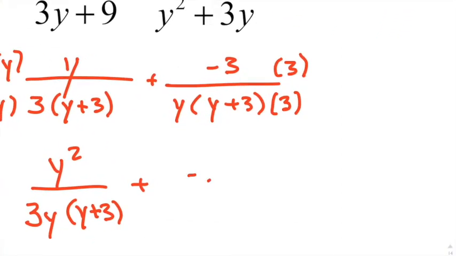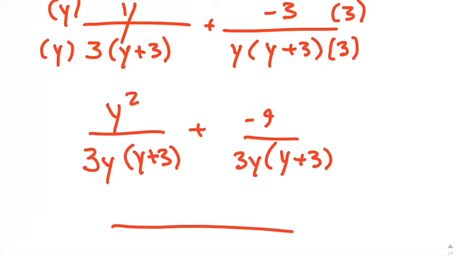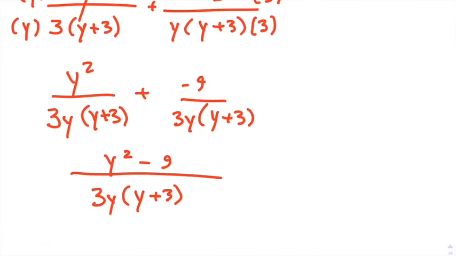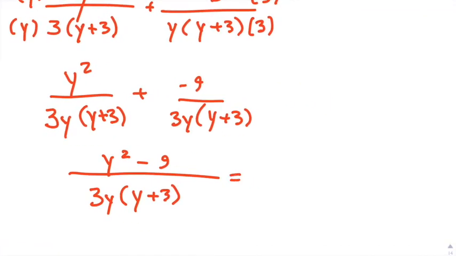That's going to get us negative 9, and then over 3y, and then parentheses y plus 3. Then combine your numerators, that's y squared minus 9, and then all over 3y, and then parentheses y plus 3.